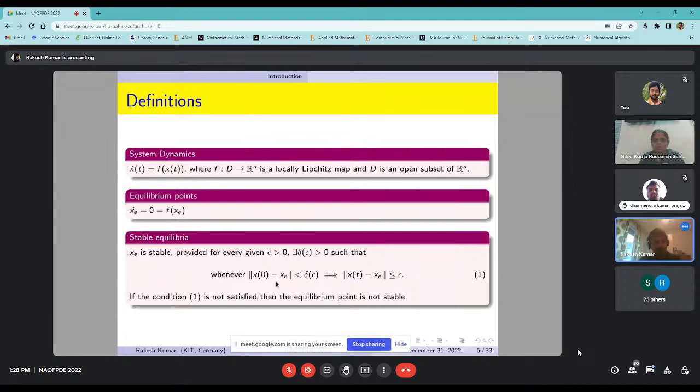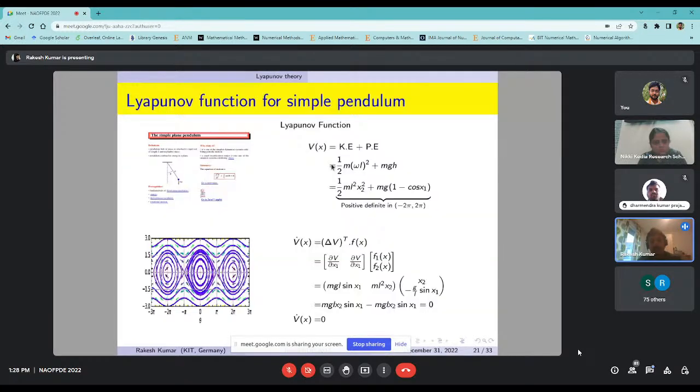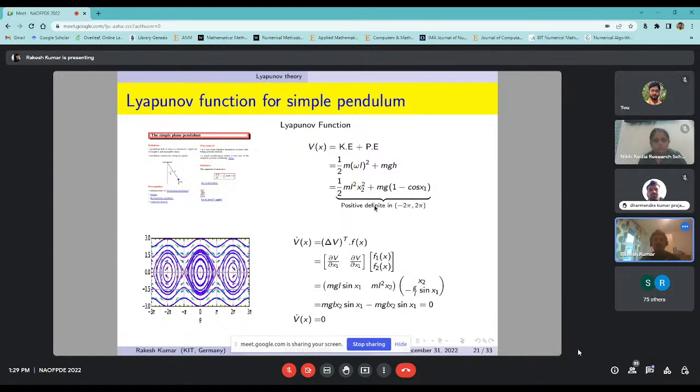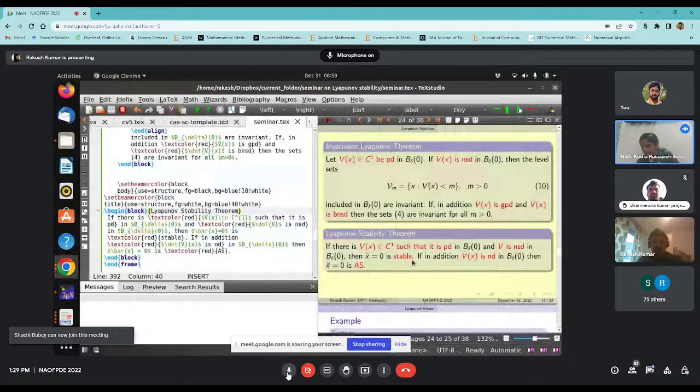You design it based upon a function, just as the energy function of the pendulum problem will be the Lyapunov function. So if we deal with mechanical and electrical problems, then the energy of that problem is your Lyapunov function.